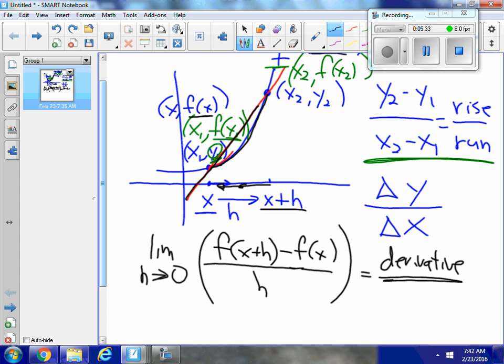It's the derivative at a single point. And the beauty, the magic of this whole thing is that it used to take 2 points for me to calculate a slope. But now, using the concept of limits, I can calculate the slope at 1 point on a curve. And that is our rate of change.